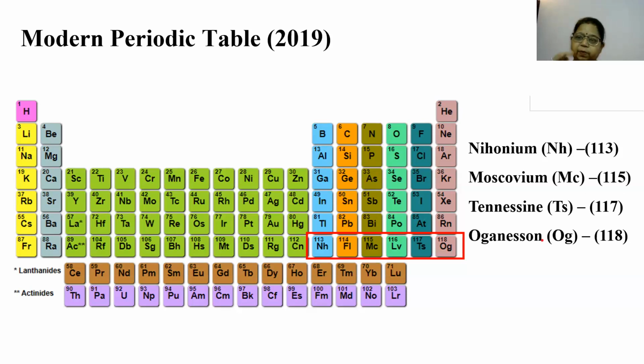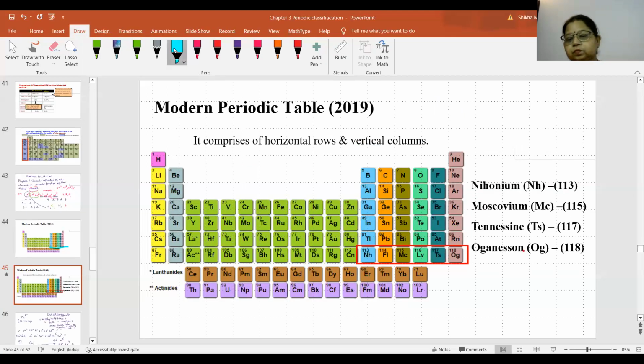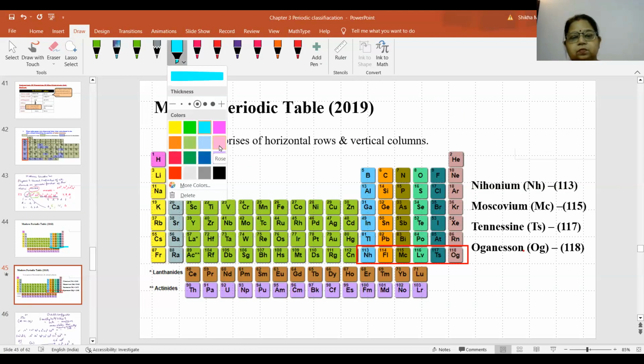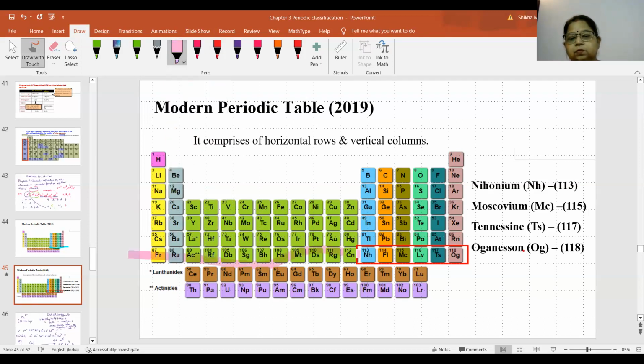Now, the biggest thing which you must keep in mind, if you are referring to the old NCERT, and even the new NCERT might not have changed: this is the seventh series, or the seventh period.